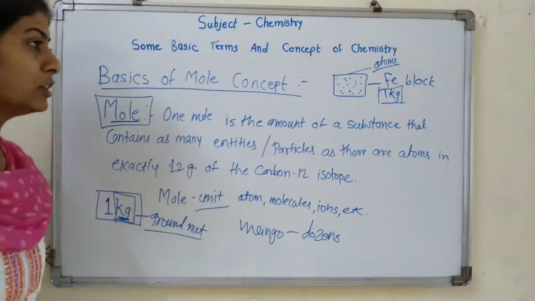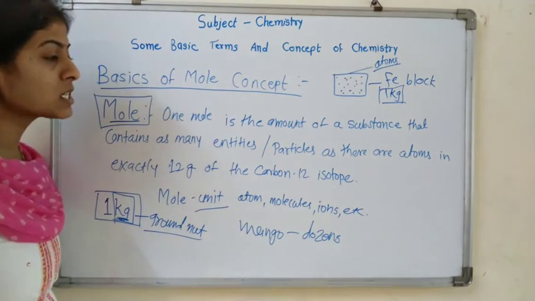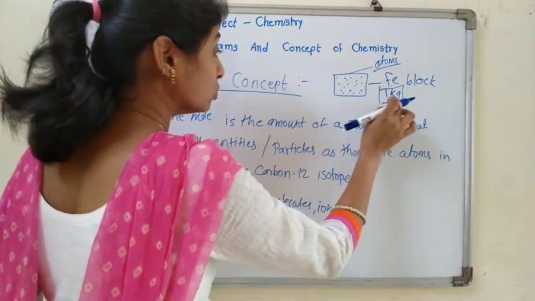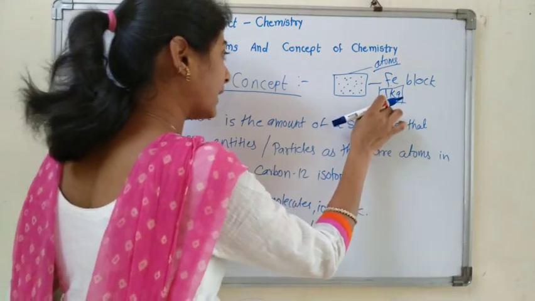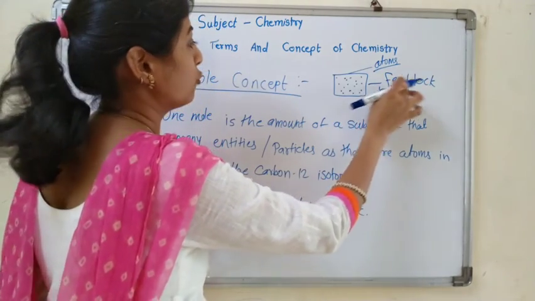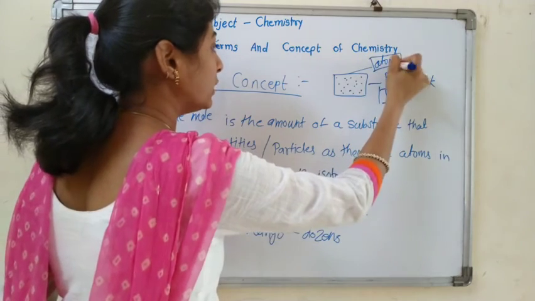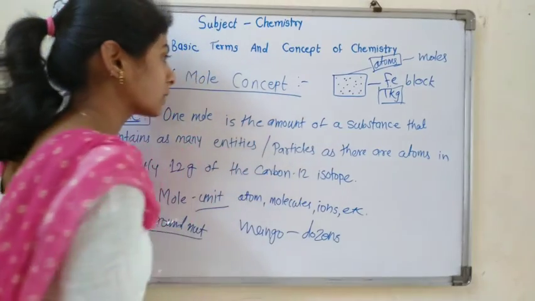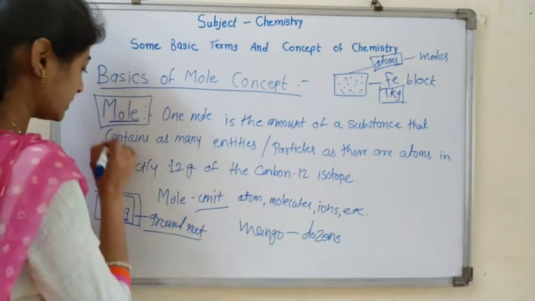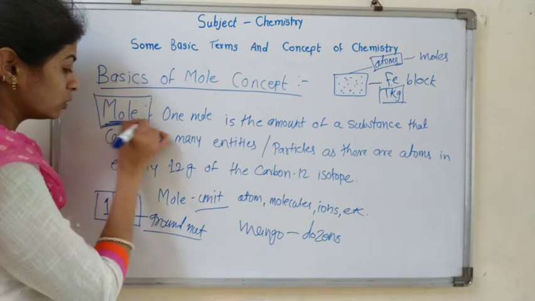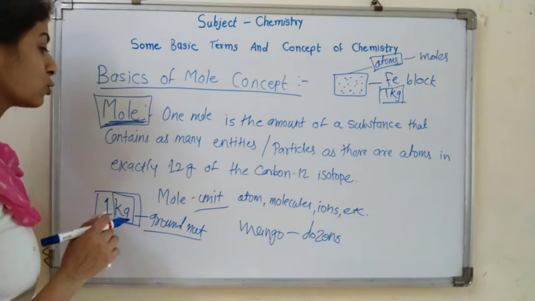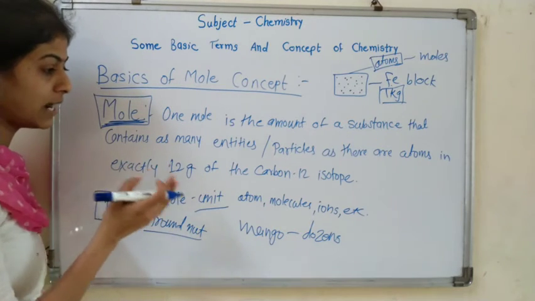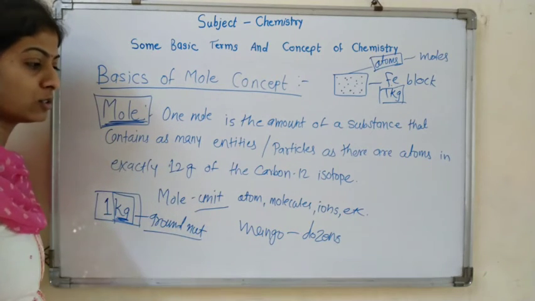They cannot be visible to us. So the atoms present in 1 kg of Fe block, we have to measure in moles. So mole is nothing but a unit to measure these submicroscopic entities or particles, that is atoms, ions and molecules or electrons. Okay.